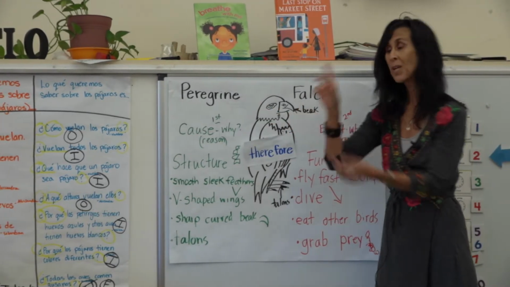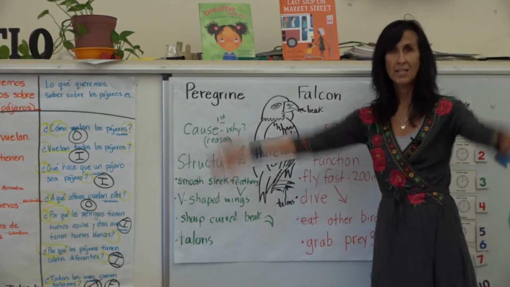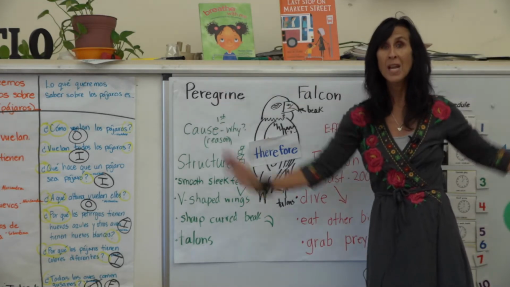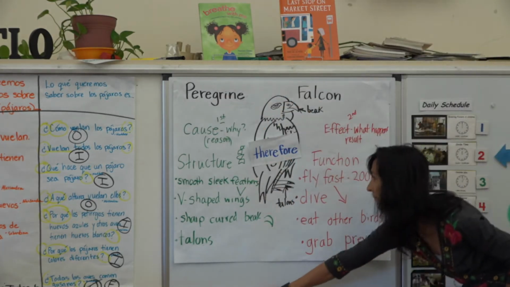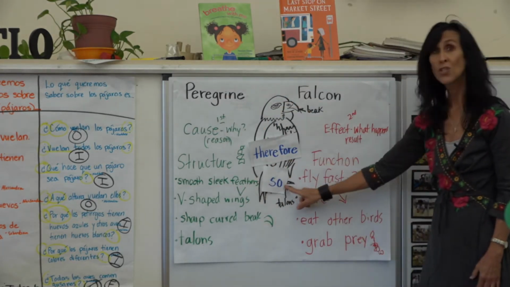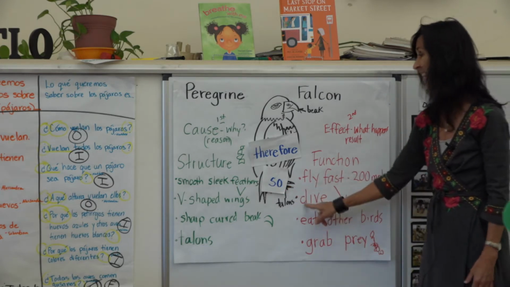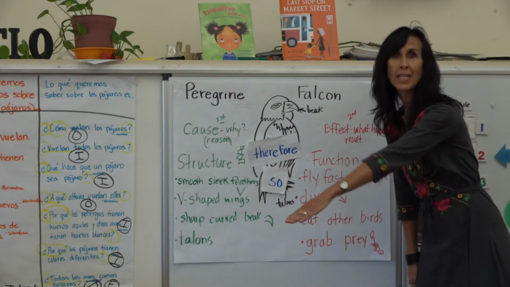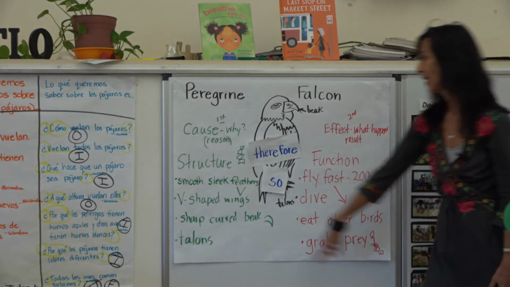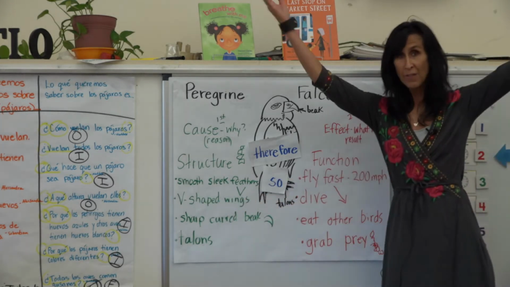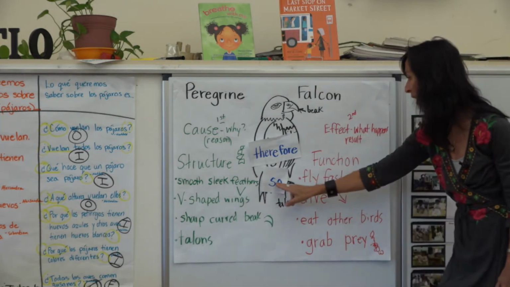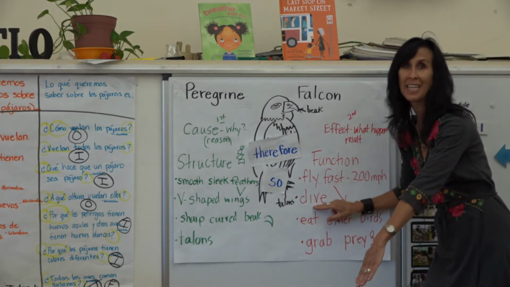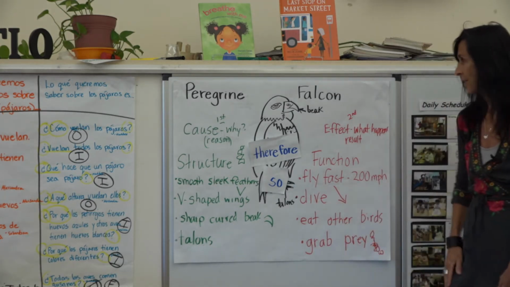The peregrine falcon has V-shaped wings. So, it can dive down to get its prey. This happens first, V-shaped wings, so this happens second. It can dive, the effect.